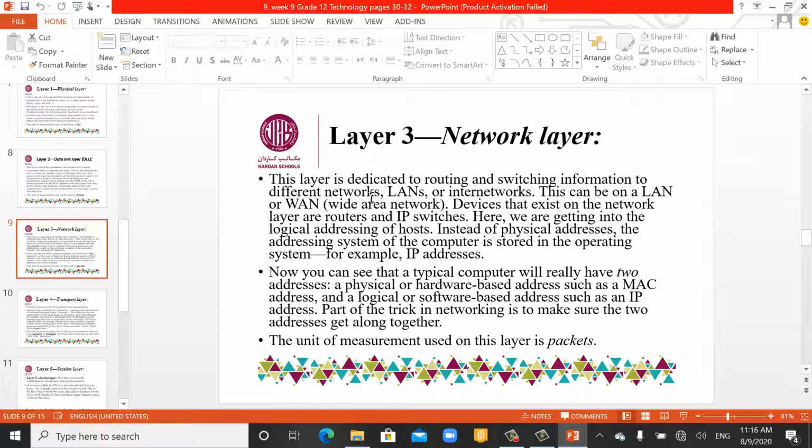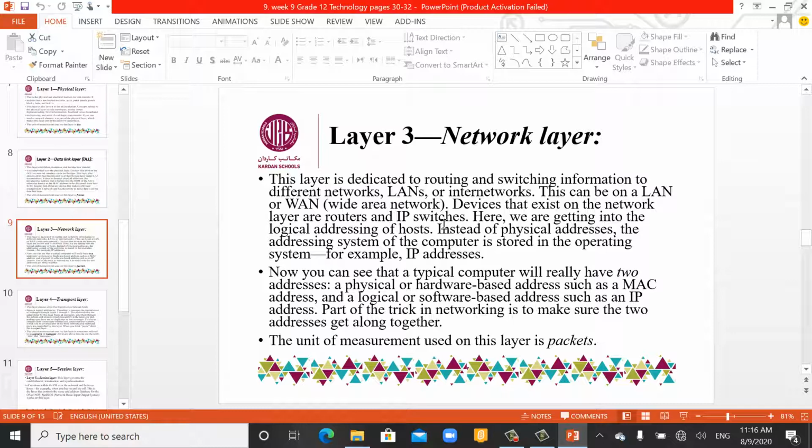It means LANs. What's a LAN? We have studied a lot about LANs. Or inter-networks. This can be on a LAN or WAN, wide area network. Devices that exist on the network layer are routers and IP switches.